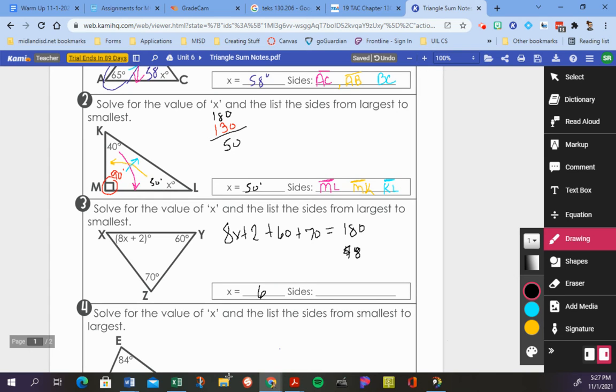So the sides, let's see, 8x plus 2 equals 48 plus 2 equals 50, so this is 50 degrees. Y'all see how I did that? 48 plus 2 is 50. So now we go in order. What's the smallest angle? 50. So we go across from it, and that would be YZ.